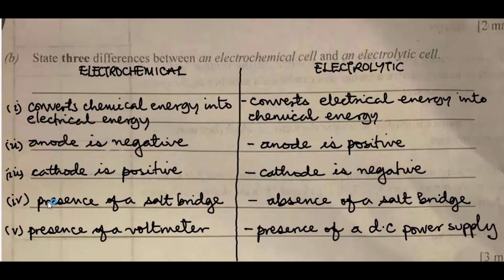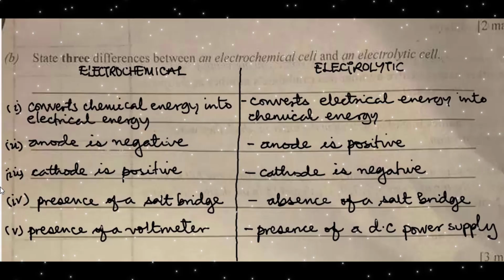So you don't make use of a voltmeter in the electrolytic cell. Rather, we make use of a direct current power supply, because that's what supplies the electrical energy that is used to bring about the decomposition of the compounds, right? So any of these three would be correct, right? Okay, let's move to the next question.